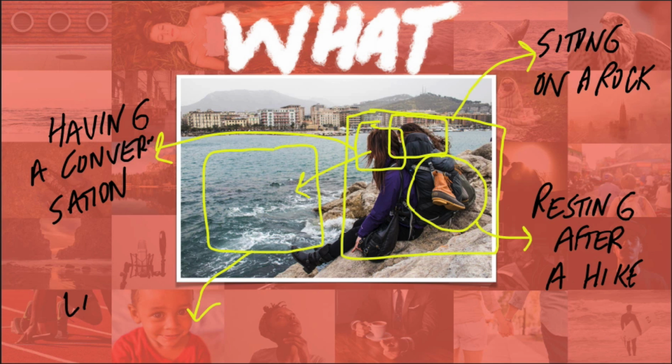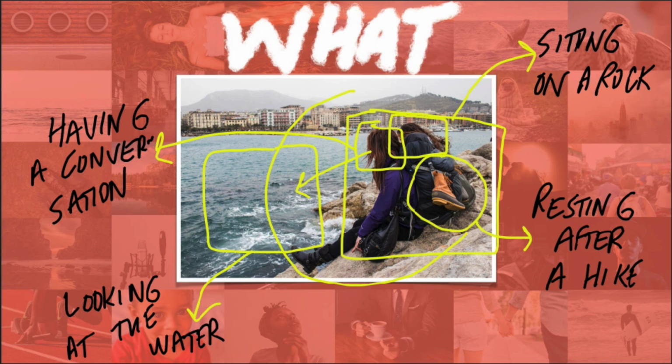So let's write that. Looking at the water. And let's just do one more. So looking at the picture again, it looks like they're also sitting very comfortably. Maybe they're waiting for someone.